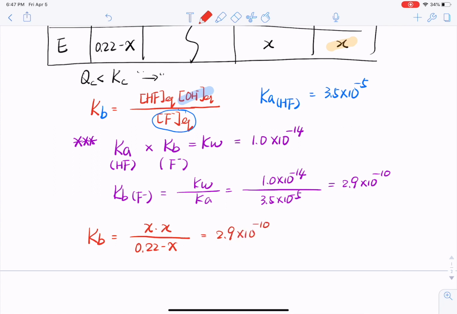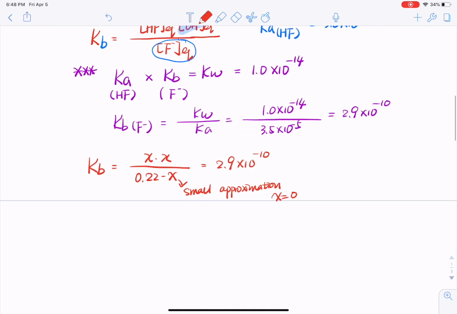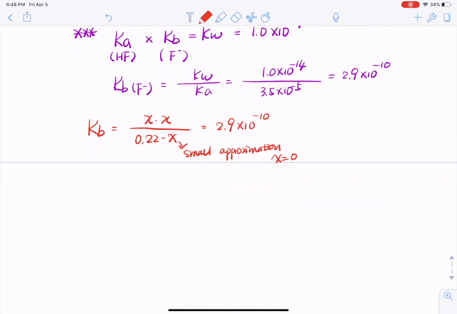Again, this equilibrium constant is quite small and the initial concentration of 0.22 is relatively big, so let's try the small approximation. We can assume x is very, very small, so we eliminate it. Now we have x squared over 0.22 equals 2.9 times 10 to the power negative 10.